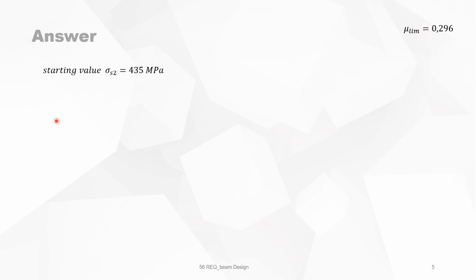Now, we have to start with a certain value of the stress in the compression reinforcement. We know that it's likely that it will yield, so we start with 435 megapascal. We know that the reduced bending moment that we are looking for is 0.296.